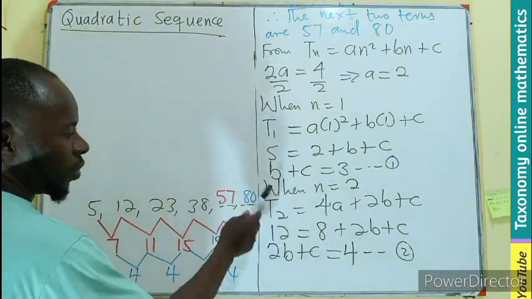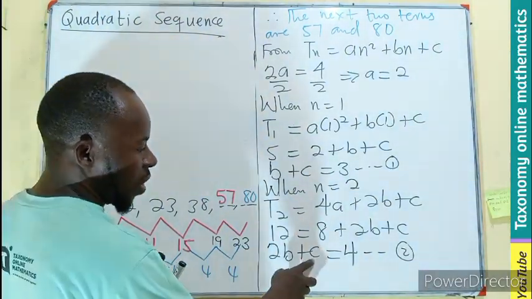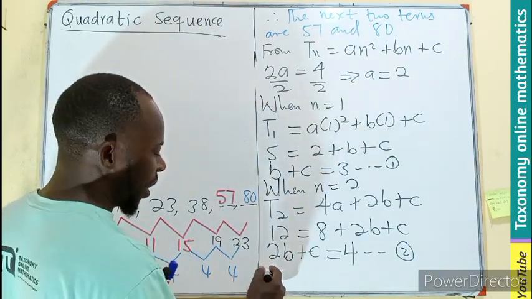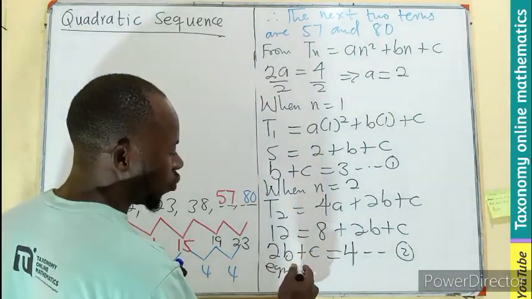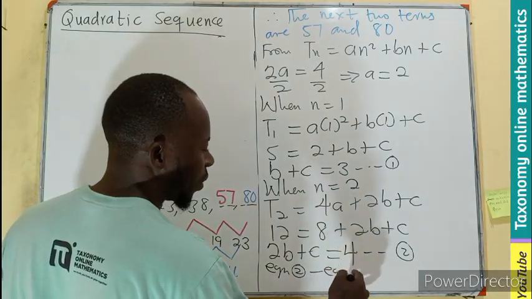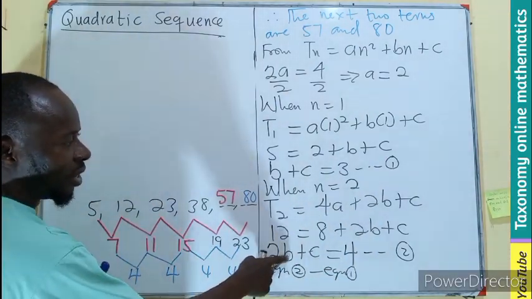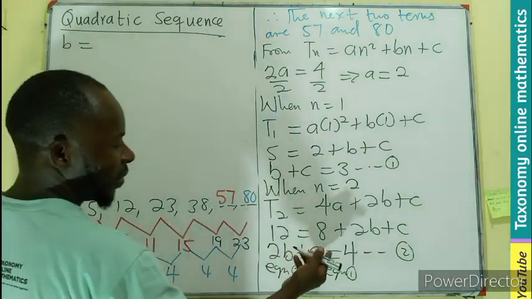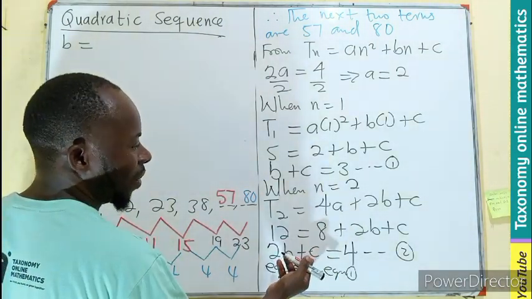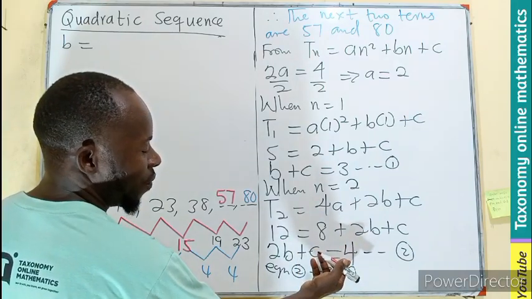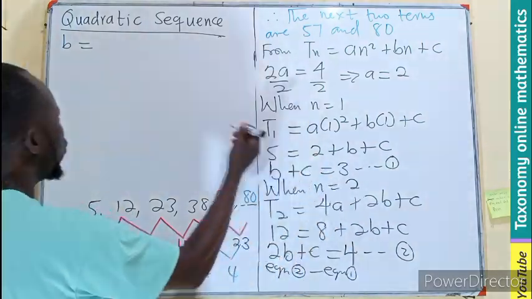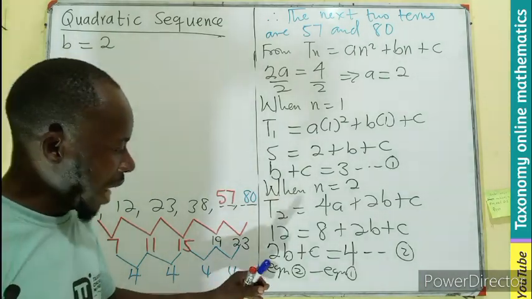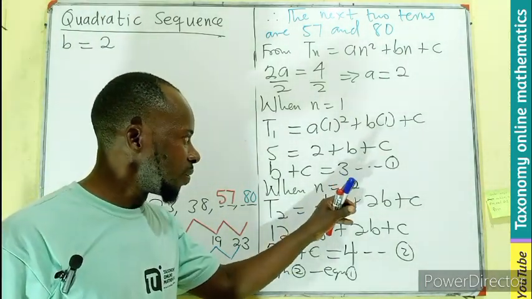So solving these two equations, we can see that the coefficients of C are the same, so I'll go for elimination. We can have equation 2 minus equation 1, meaning 2B minus B, I'll be left with B. C minus C will be 0. Therefore, I'm going for 4 minus 2, and that will give rise to 2, meaning B is 2. So that can be put into any of the equations.